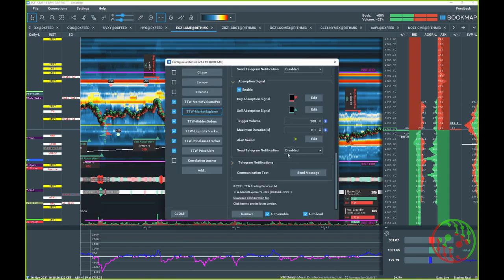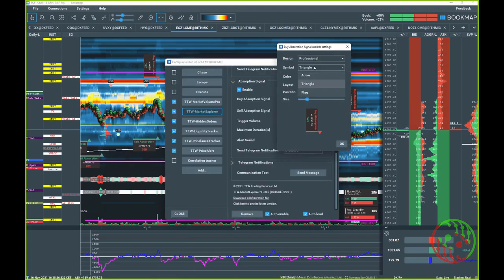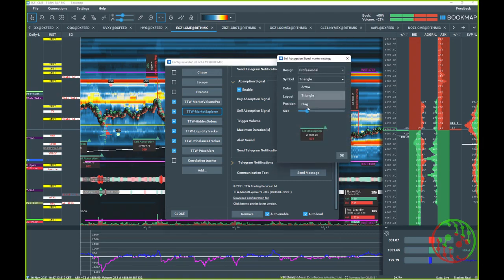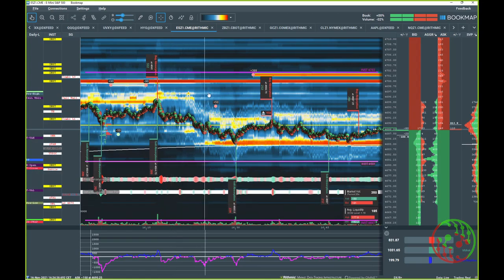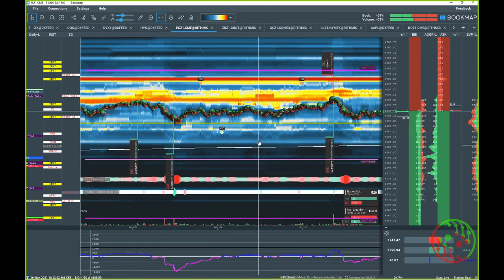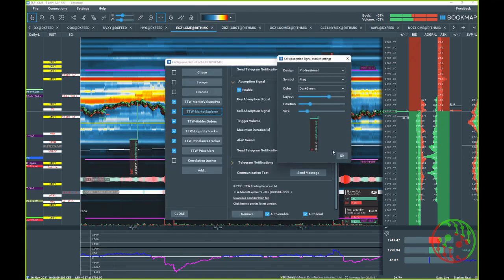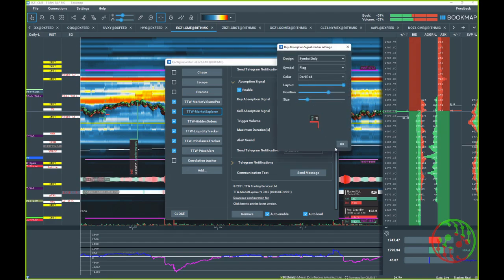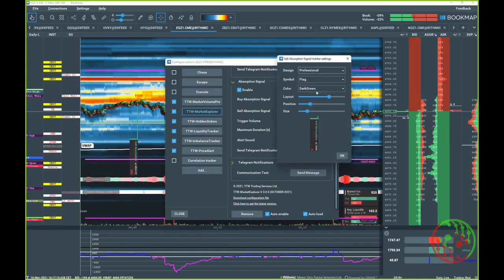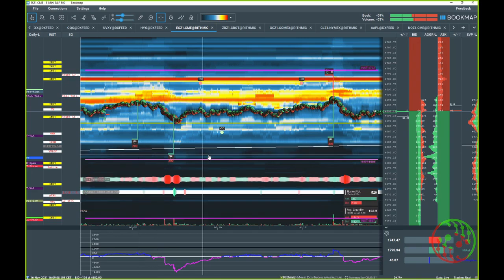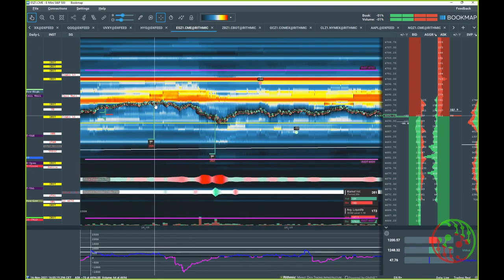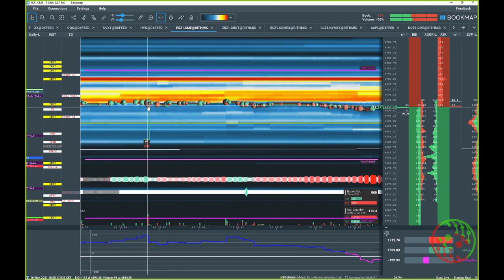Let me just adjust this a little bit here. Every time a market order meets liquidity, absorption happens.